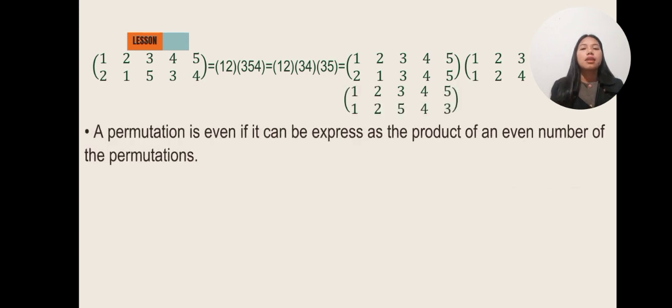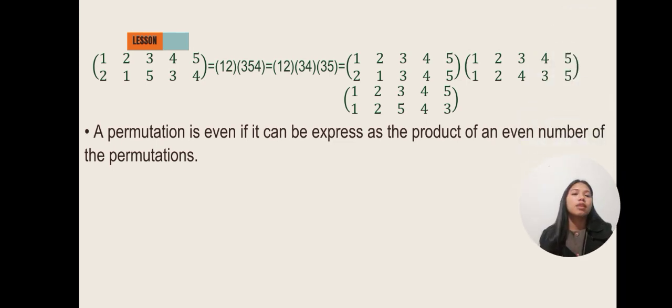Okay. 1, 2, 3, 4, 5 mapped to 2, 1, 5, 3, 4 equals the single cycle (1 2), single cycle (3 5 4), equals the single cycle (1 2), single cycle (3 4) times (3 5), equals 1, 2, 3, 4, 5 mapped to 2, 1, 3, 4, 5 times 1, 2, 3, 4, 5 mapped to 1, 2, 4, 3, 5 times 1, 2, 3, 4, 5 mapped to 1, 2, 5, 4, 3.